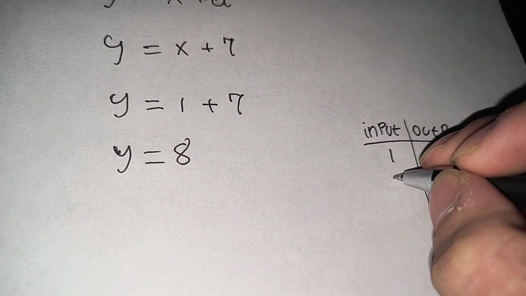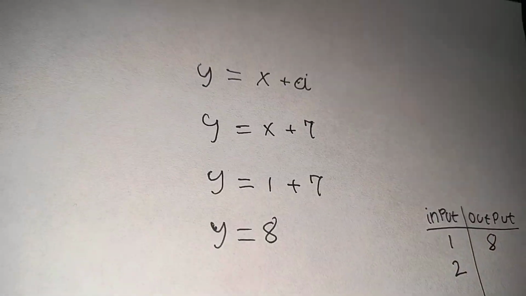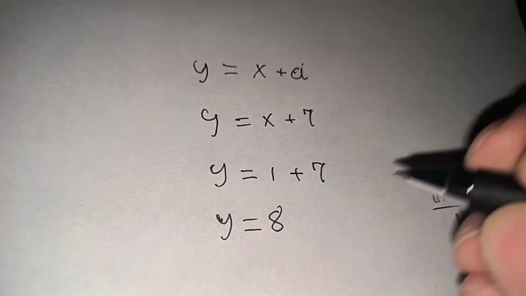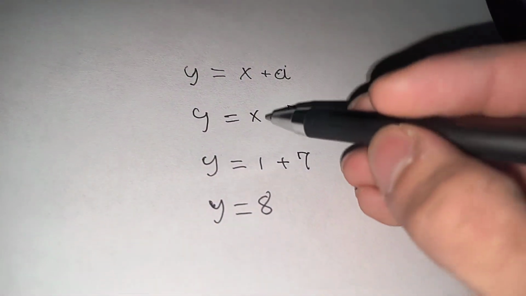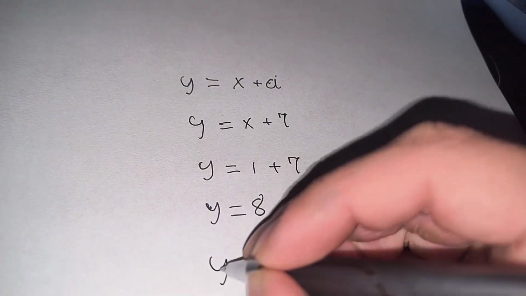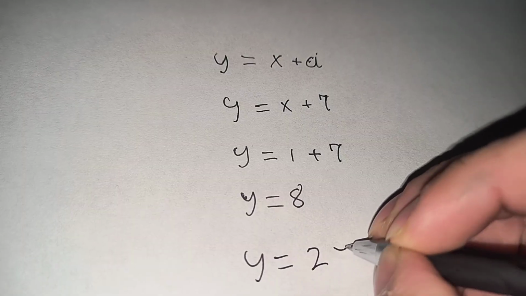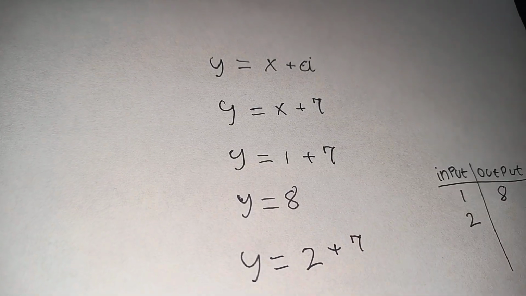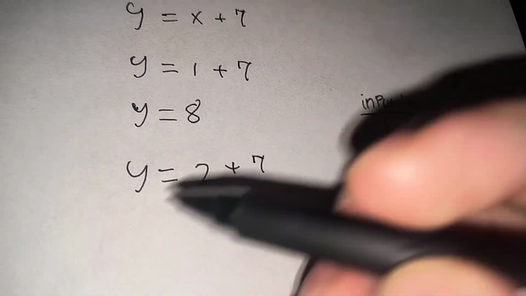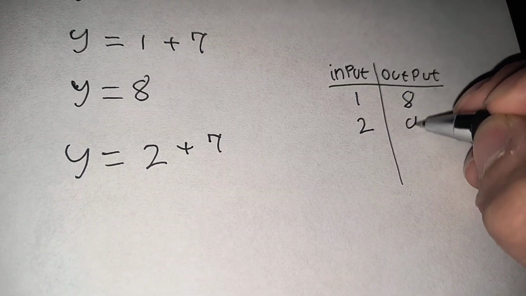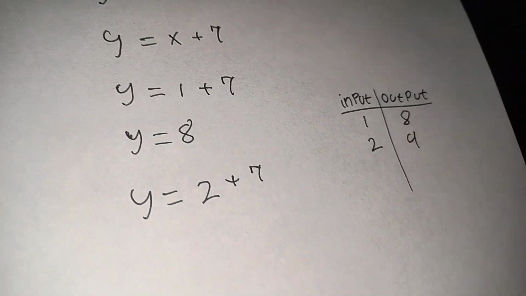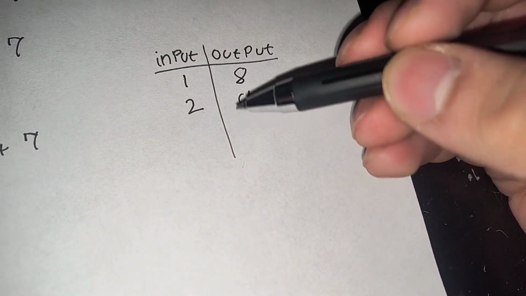And then we keep going. Let's say the input, instead of 1, is 2. Then x would be equal to 2, and it would be y equals 2 plus 7. And this is how rules work. So 2 plus 7 is 9. And then we just keep generating a numerical pattern from this.